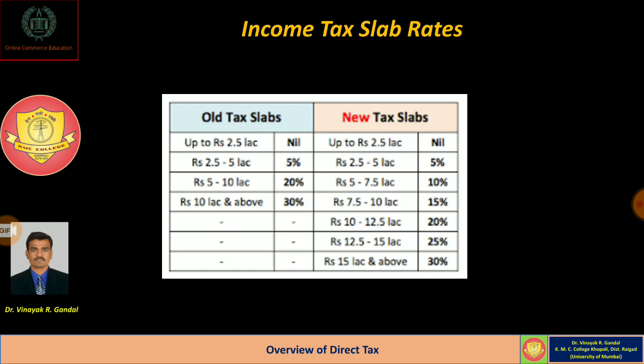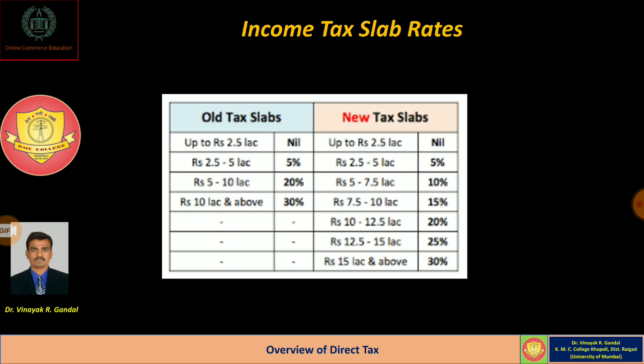Okay, so in the old tax slab rates there is an exemption limit of rupees 2 lakhs 50,000, meaning up to rupees 2 lakhs 50,000 no tax is payable, that is the exemption limit. And if our income exceeds 2 lakhs 50,000, then we have to pay tax.